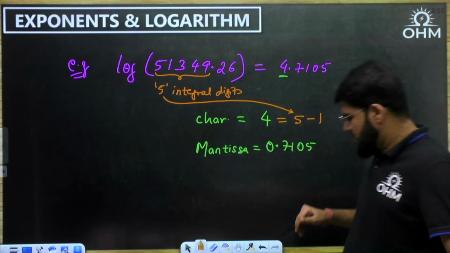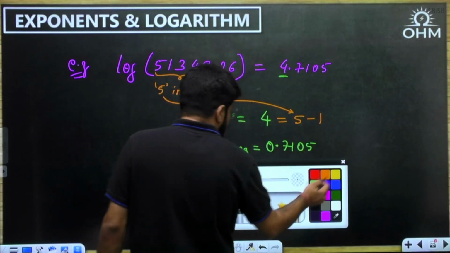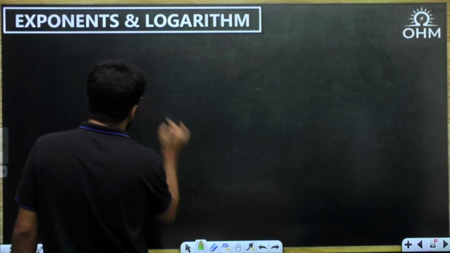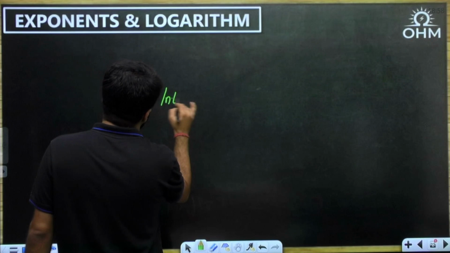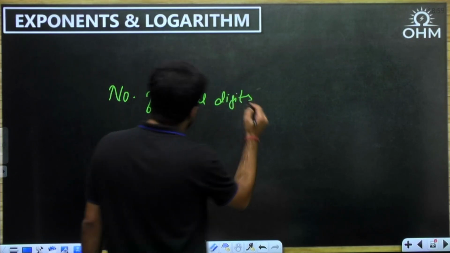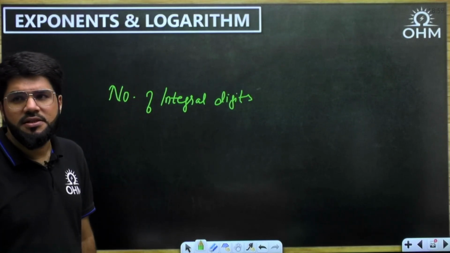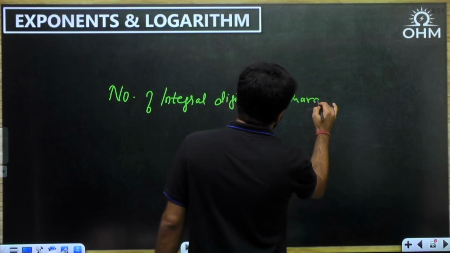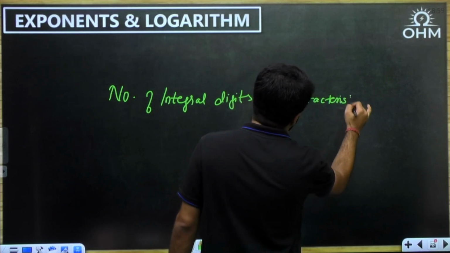So vice versa, this technique can be used to find the number of digits of a number. The number of integral digits is the characteristic plus 1.